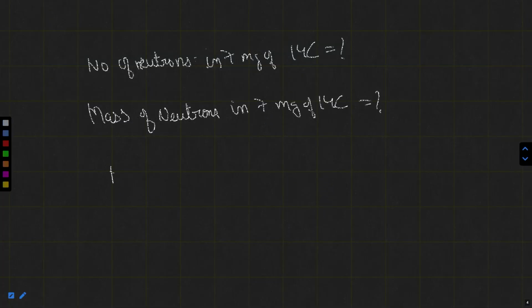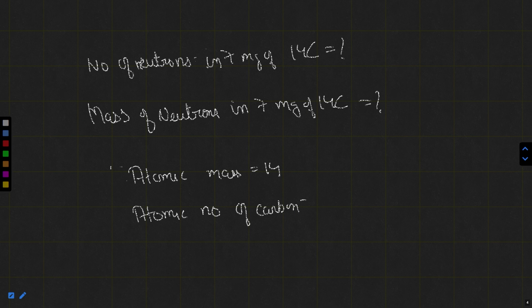Now what is the meaning of 14C here? It means that we have an atomic mass of 14. And we know that the atomic number of carbon is 6. Therefore the number of neutrons in 1 carbon atom will be atomic mass minus atomic number.